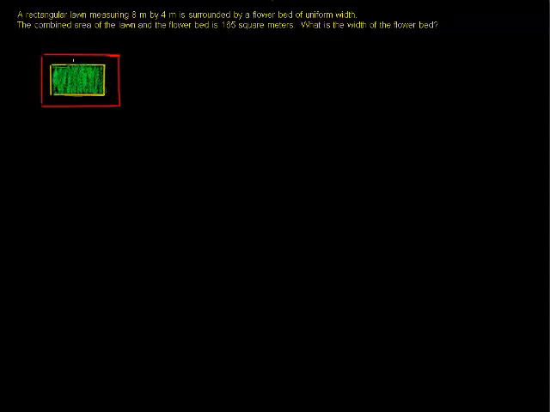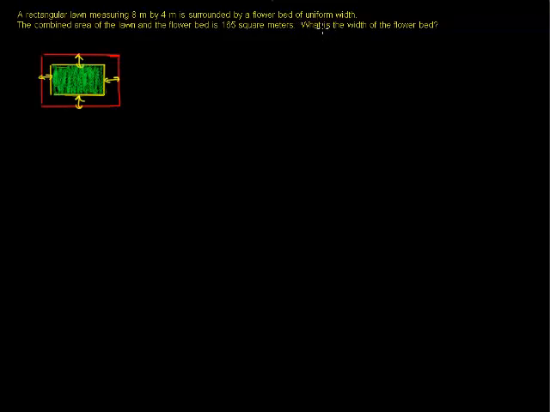So in this problem, we're going to draw out a little diagram. We have a lawn here, and we're surrounding it by this red flower bed. Now the flower bed is of uniform width, and what that means is that this dimension, this dimension, this dimension, and this dimension are all the same.